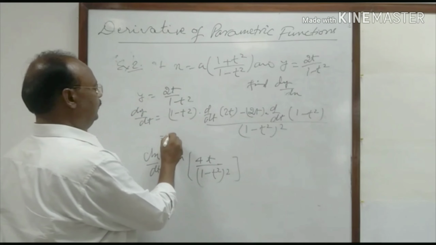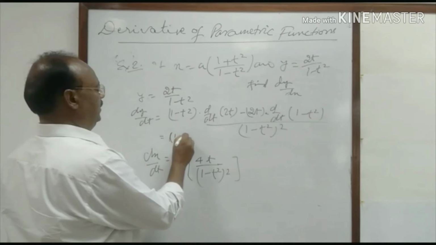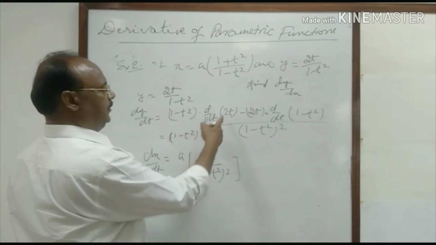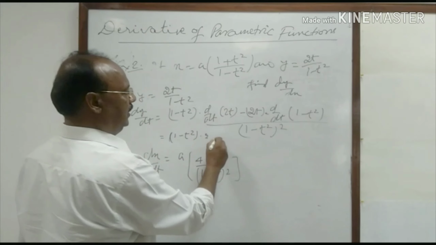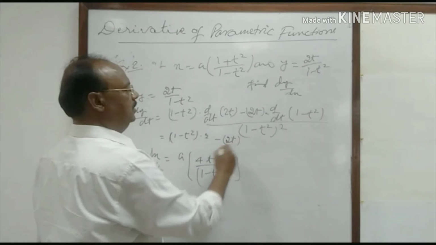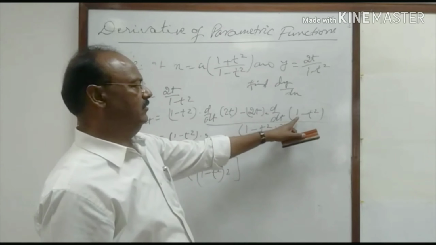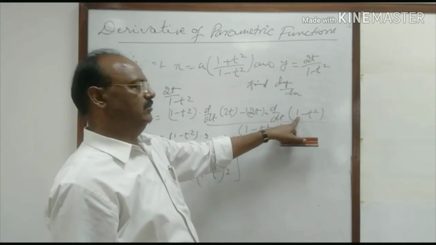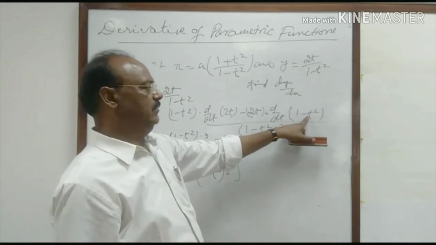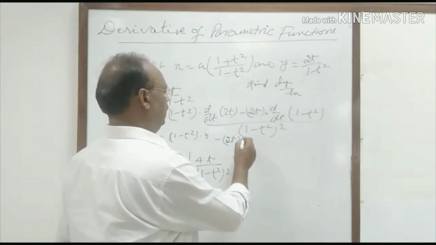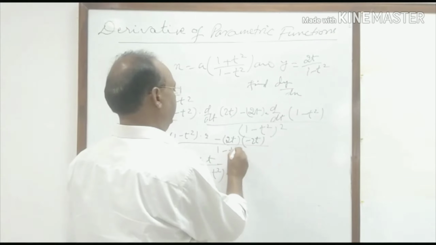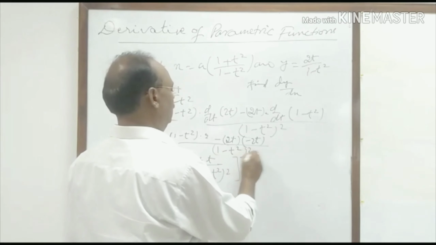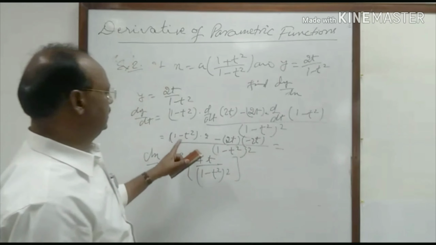So this is equal to (1 minus t square) into the derivative of 2t, which is 2, and here minus 2t into the derivative of (1 minus t square). The derivative of 1 is 0 and the derivative of minus t square is minus 2t, upon (1 minus t square) whole square.